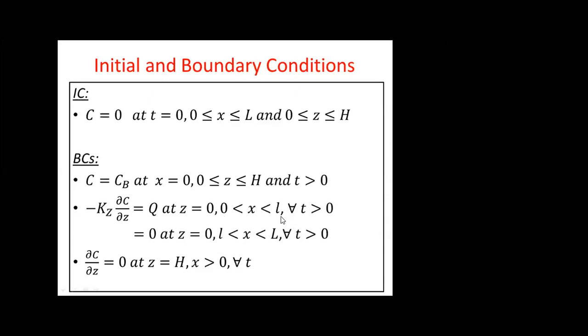And beyond small l, there is no emission, that is 0, and that is from small l to capital L. This capital L is the desired distance, whatever distance we want to calculate the concentration. So in my model, I have taken this small l as 6 kilometer and the capital L as another 6 kilometer. That means totally 12 kilometer. I have calculated the concentration in the wind direction.